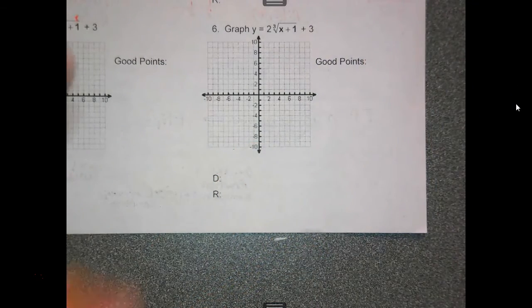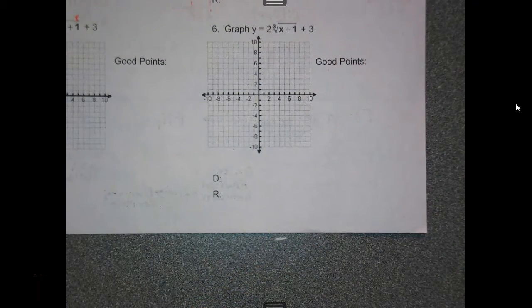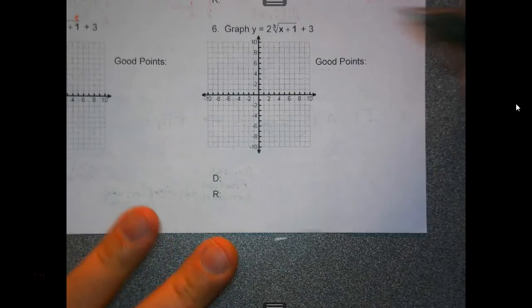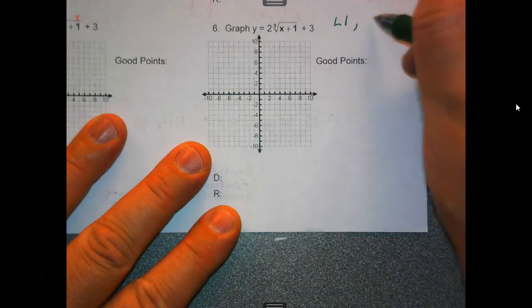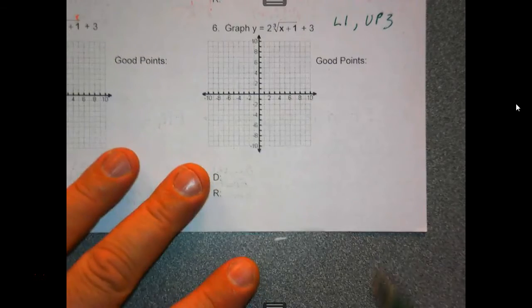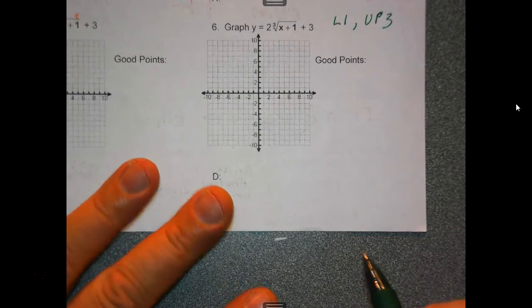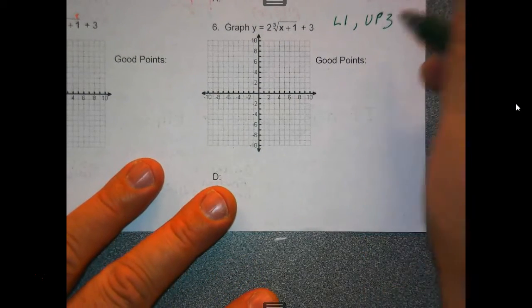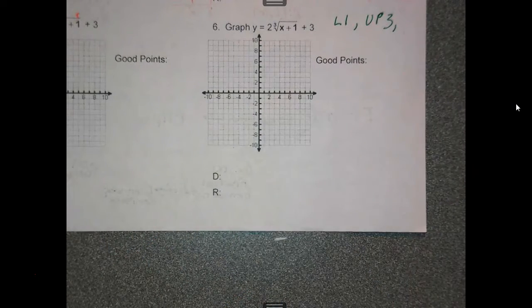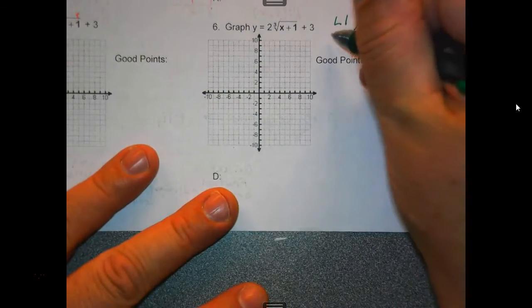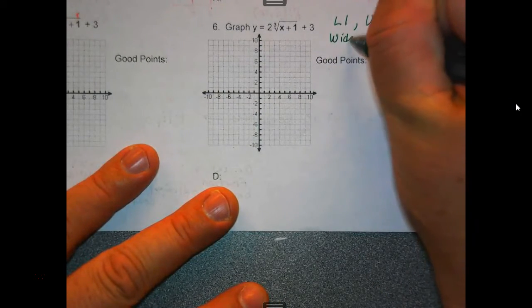Left 1 and up 3, right? Okay, what else? What's the 2 going to do? The A. Widen it. Wider or stretch, right?